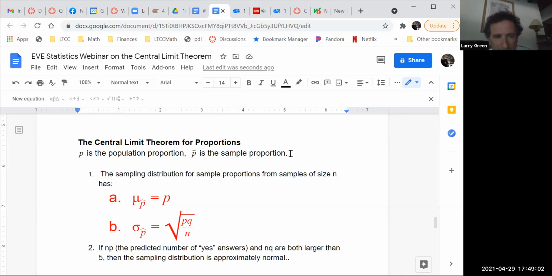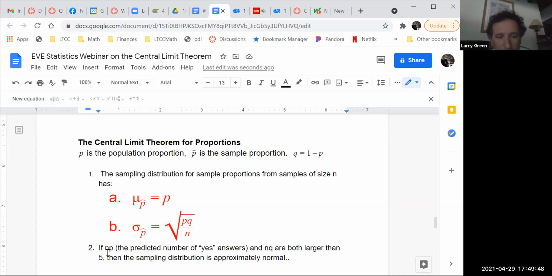And let me write down Q is defined as 1 minus P. So if P is a proportion of yes answers, then Q is a proportion of no answers, because 1 minus the proportion of yeses is the proportion of no's. So if you take the square root of the proportion of yeses times the proportion of no's, divide by your sample size, that's going to be the standard deviation of all possible sample proportions. Any questions on that idea? We call that the standard error for proportions.